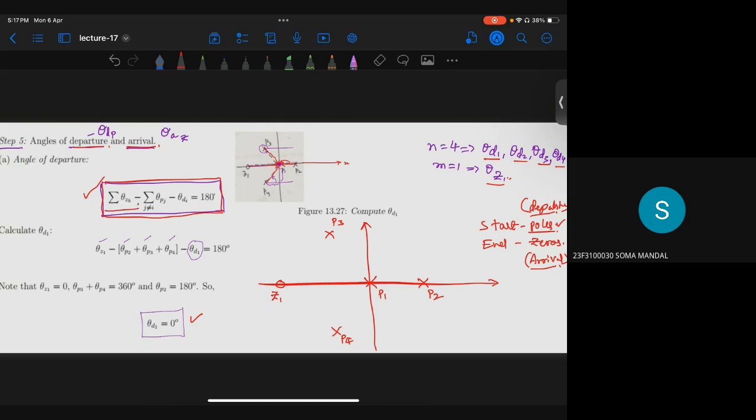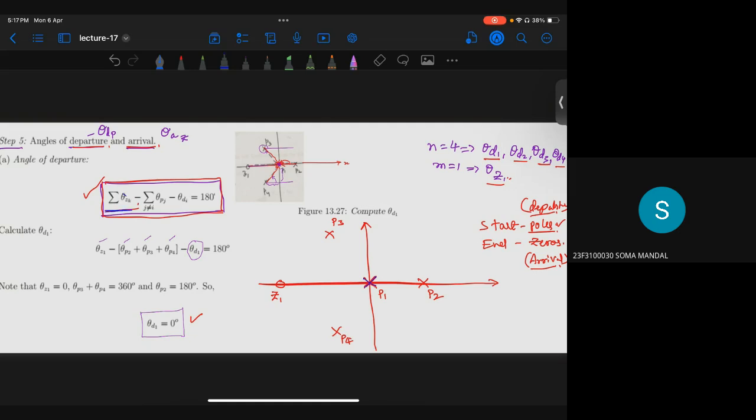It means that for all the zeros we have, the angle they make with this P1, their summation is this term.